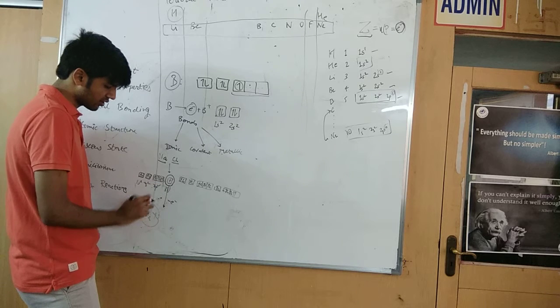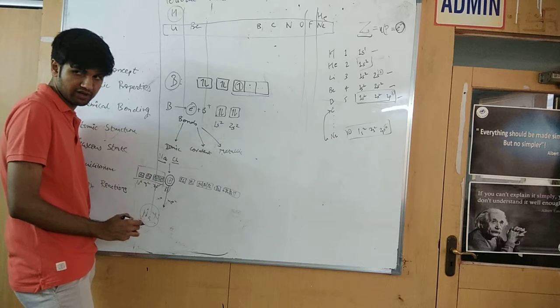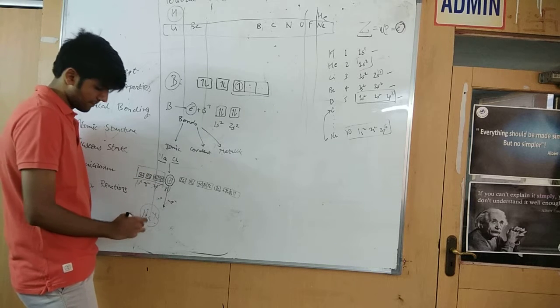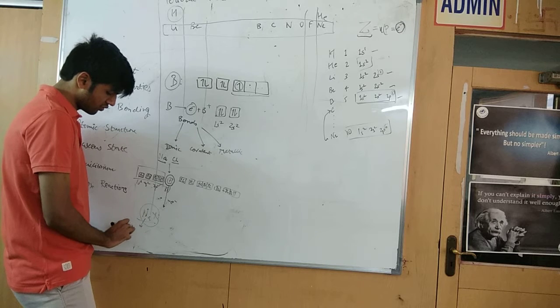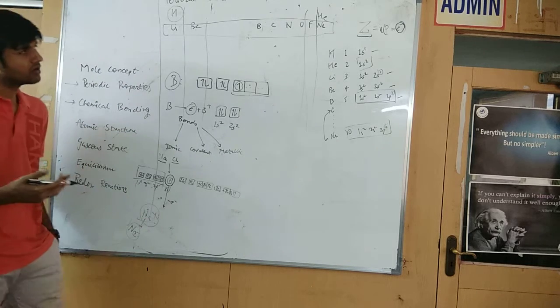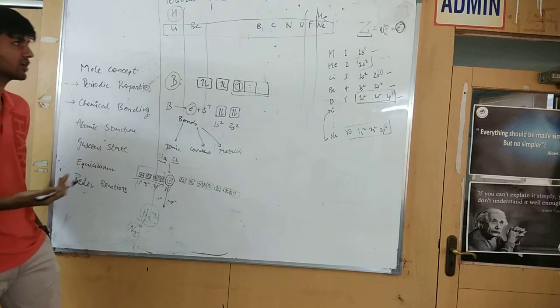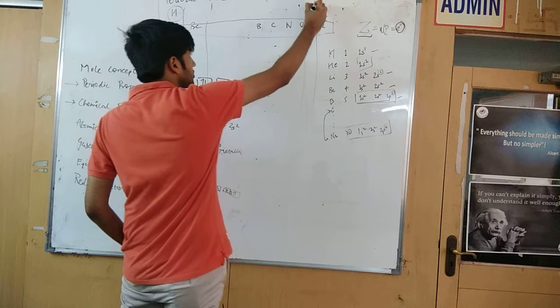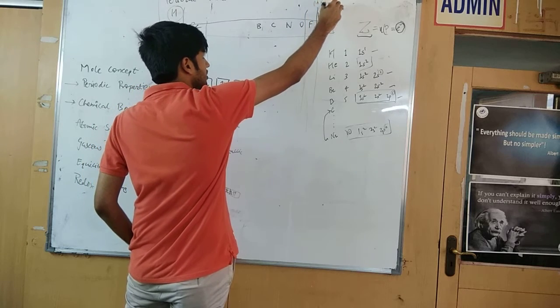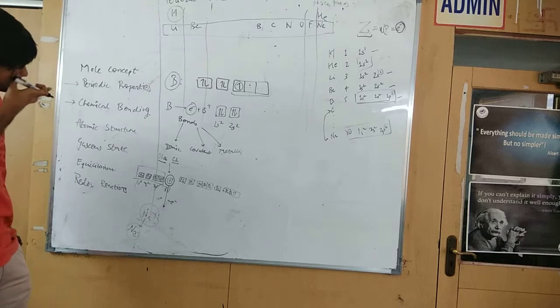If it gives that 1 electron, the electronic configuration resembles which element? Neon, right? So you can remember it like that: all the atoms try to make their electronic configuration identical to the noble gases. Okay, these gases are called noble gases because they have filled electrons in their shells.